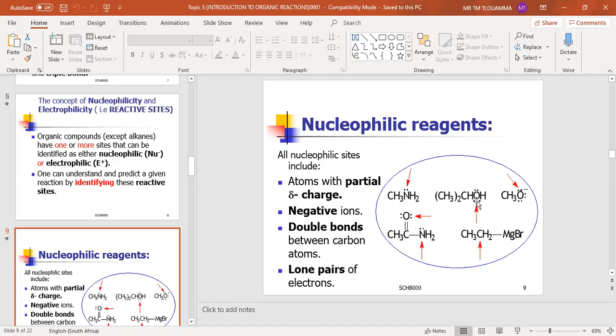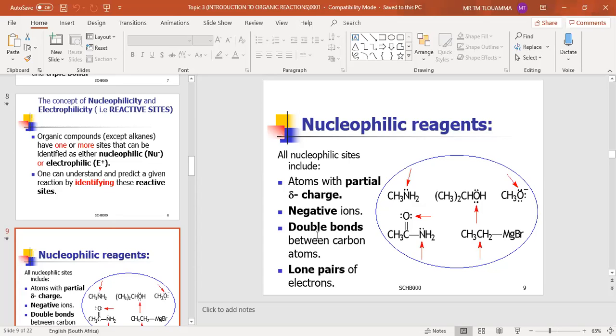And then here we're also having the lone pair of electrons. Then also here, they included the negative charge ion. Can you see it? So all atoms with a negative charge will be classified under the nucleophilic agents.